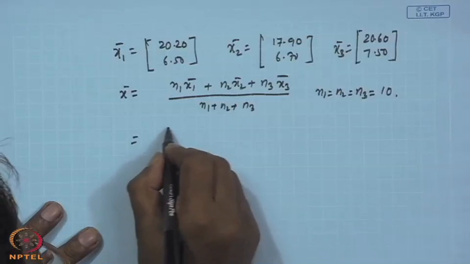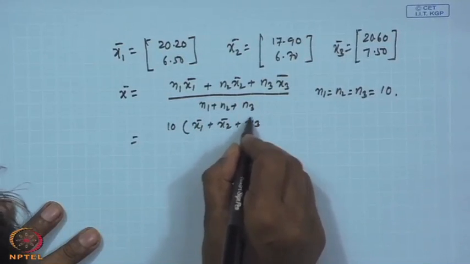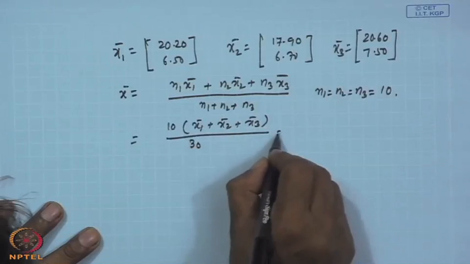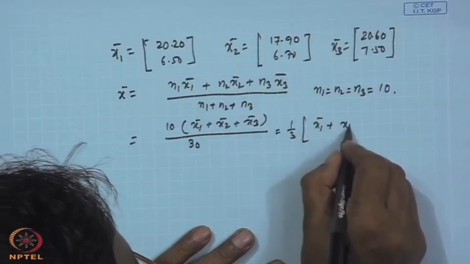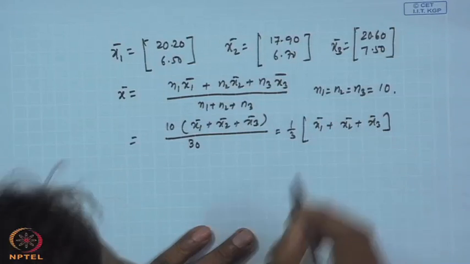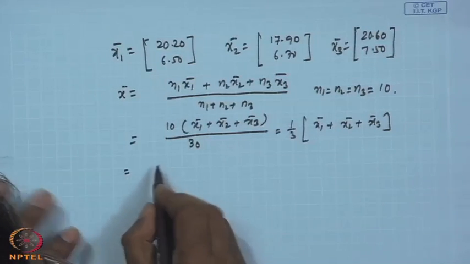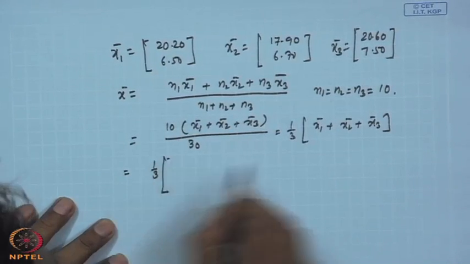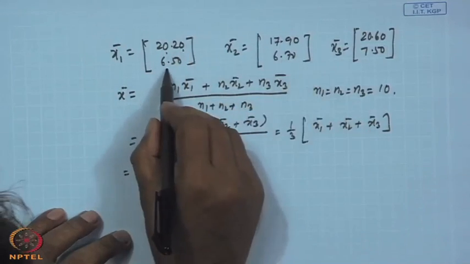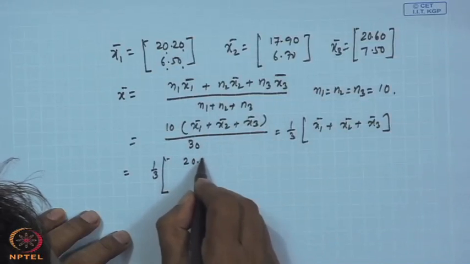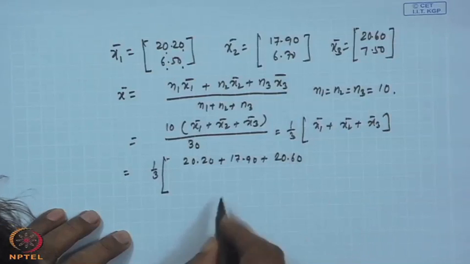So, we can write this as 10 times (x1 bar plus x2 bar plus x3 bar) by 30, which is 1 by 3 into (x1 bar plus x2 bar plus x3 bar). So, what will this quantity be? The first component will be 1 by 3 of 20.20 plus 17.90 plus 20.60.